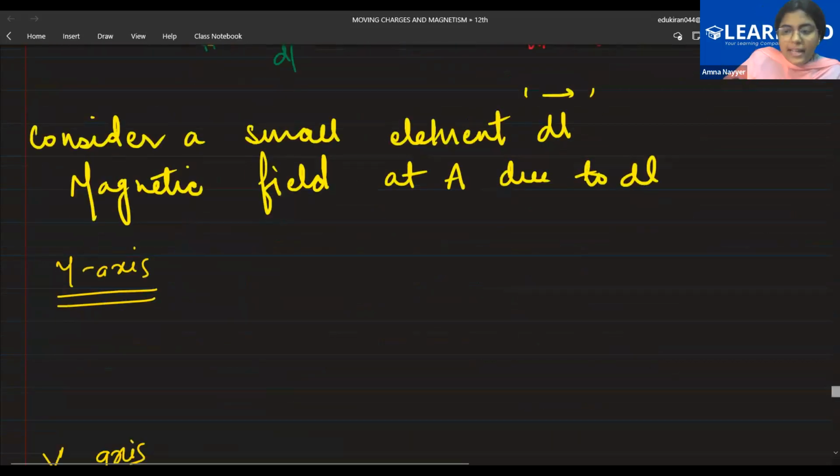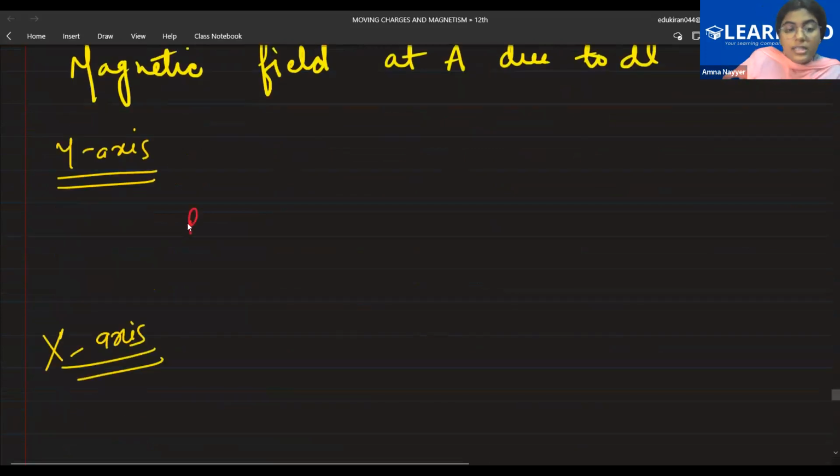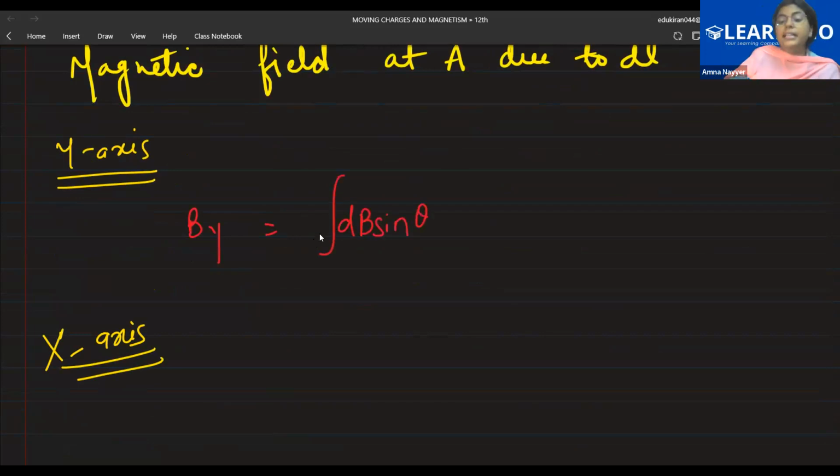Along the y-axis, the net By is basically dB sin theta. Integral of dB sin theta means all the dB sin theta towards one side minus integral of the same dB sin theta towards the opposite side. They'll cancel, By will straight away be 0.